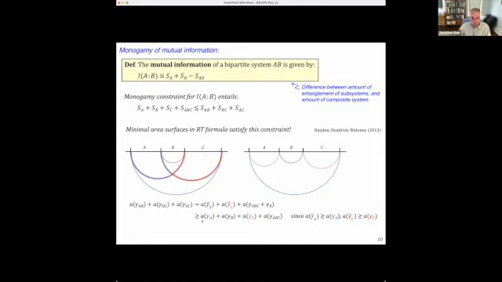And so that justifies the inequality expressed in the second line here. And we've now reproduced the monogamy constraint for entanglement entropy in the form of areas of minimal area bulk surfaces that appear in the RT formula. Okay, does that make sense?